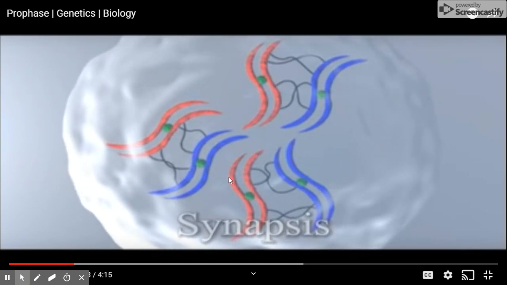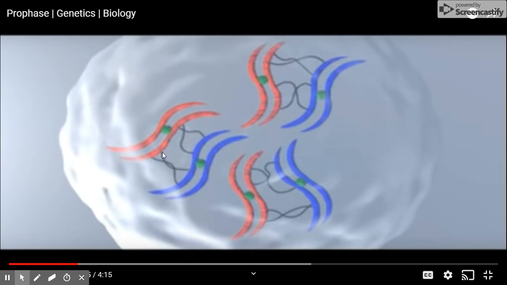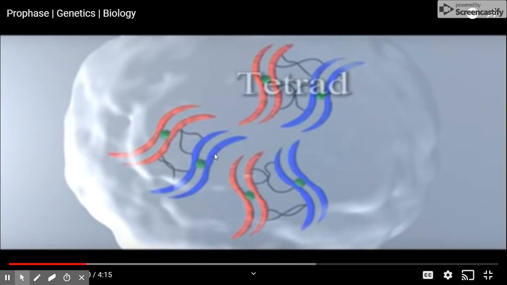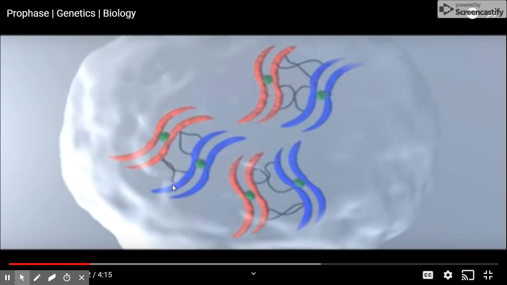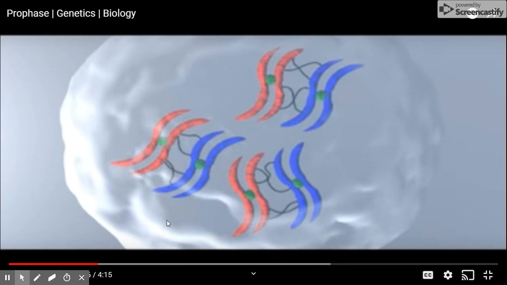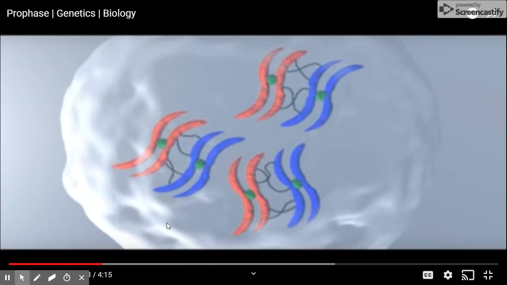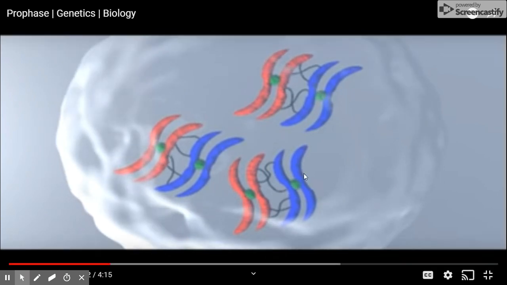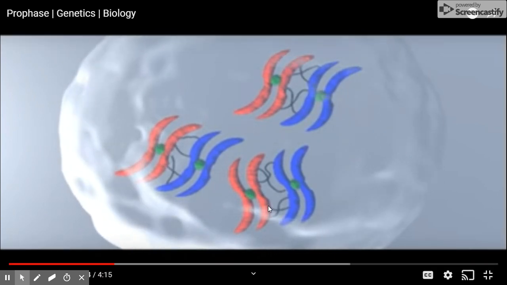So here's the synapsis where they're lining up together. These are protein strands that hold the actual chromosomes together so that they're a little bit more stabilized. And you can see they're being pulled towards each other.